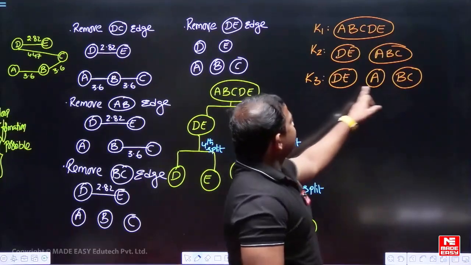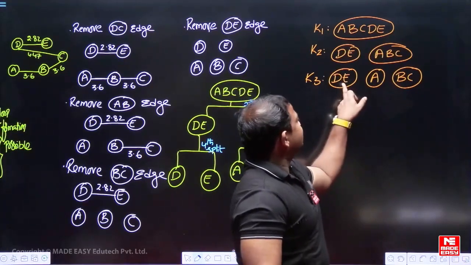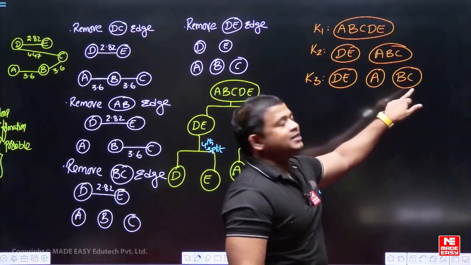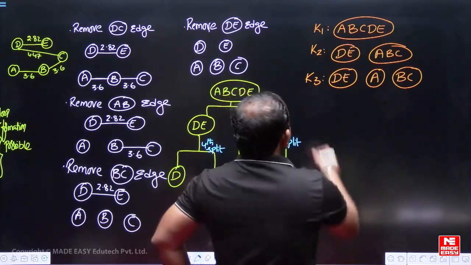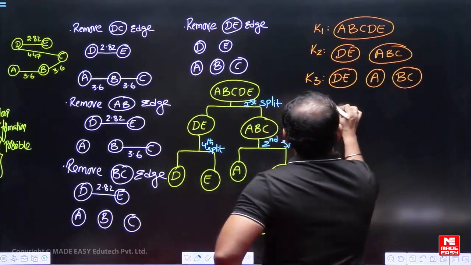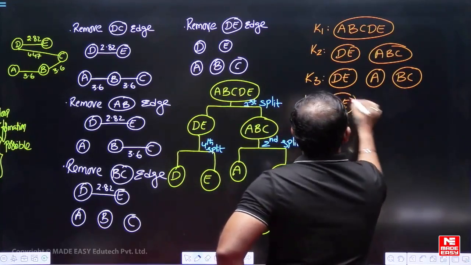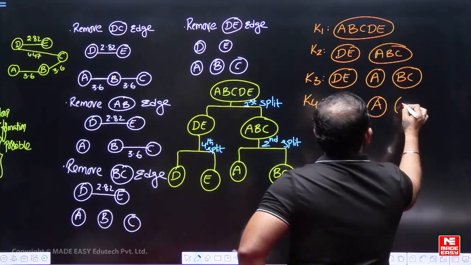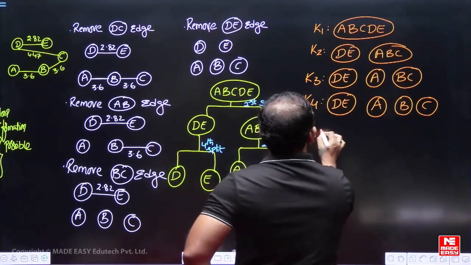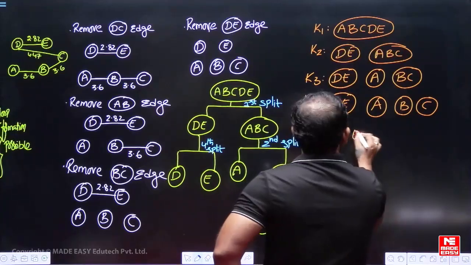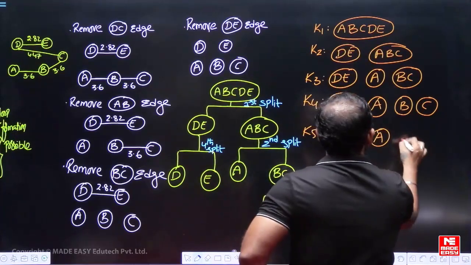Okay, here you may change the order also. DE is one, AB is one, C is another one. Here one more option may be present. Then K4, DE is one, A is one, B is one, C is one. Now K5, here D is separate, E is separate, A, B, C.